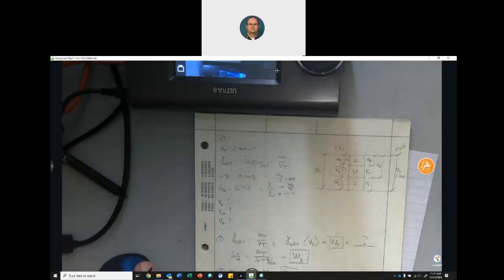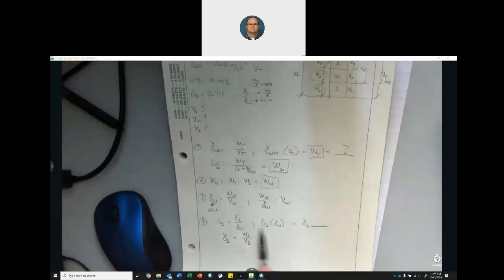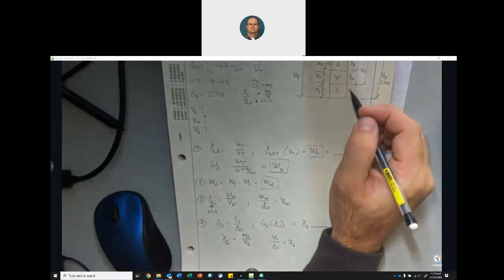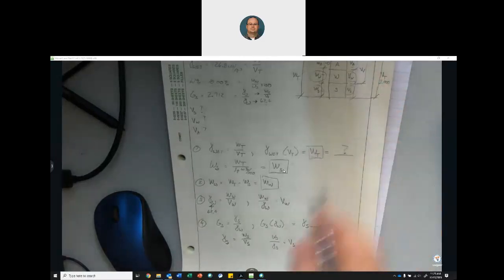Let me pause this for a second. Sorry about that. Alright, so we find unit weight of solids. We know the weight of solids from up here, so now we can take weight of solids divided by the unit weight of solids, which will equal my volume of solids. Now we'll have our volume of solids and volume of water.